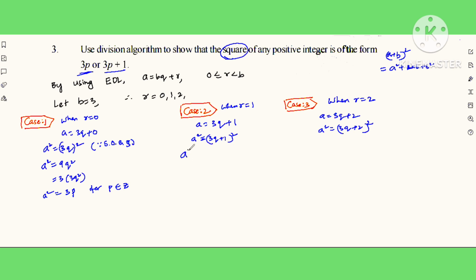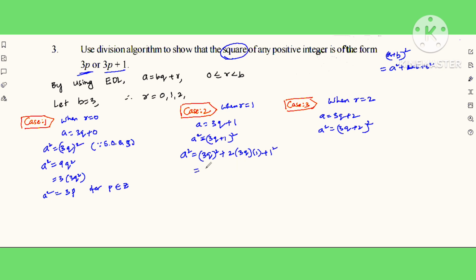Now a square equal to, if you use this form a plus b whole square, what do you get? 3q whole square plus 2ab, 2 into ab, ab means 3q and 1. Okay. And here 2ab plus 1 square.